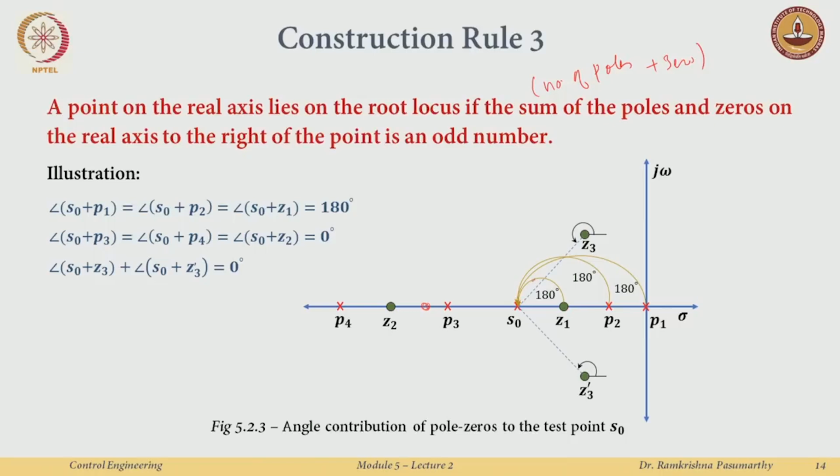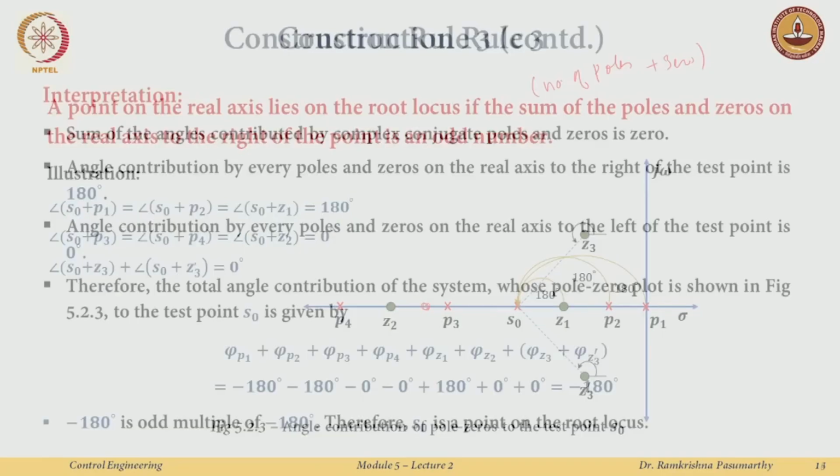This is a zero, so it will contribute an angle of plus 180, right. What about these guys? If I measure the angle from the right, they will just be 0 degrees, they do not contribute to the angle.